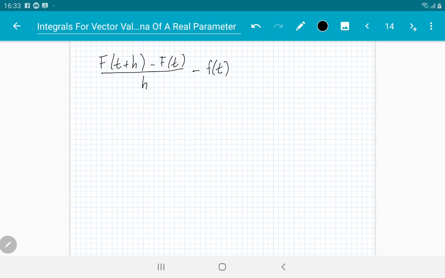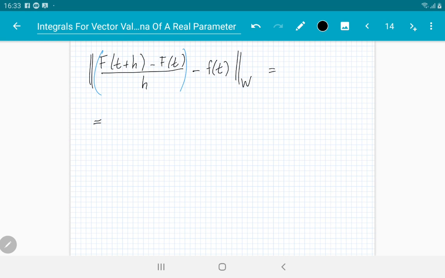And here I have minus f of t, and my suspicion is that as h gets smaller and smaller, this quotient, the quotient that gives you the derivative as a limit, should get closer and closer to little f of t. So let's find a way to write this down with the integral, right?